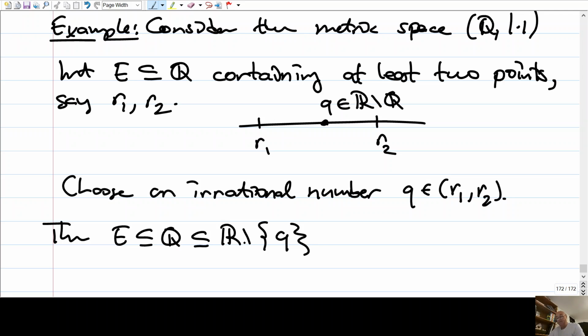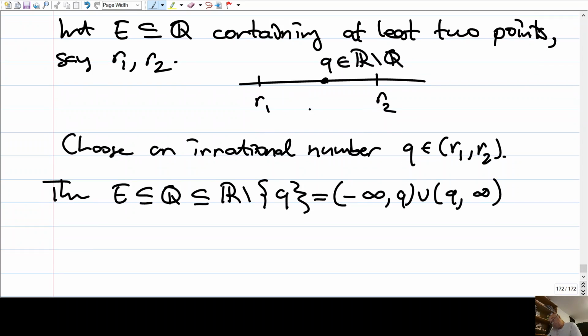Therefore, if I subtract q from R, it still contains Q, but this can be written as (minus infinity, q) union (q, plus infinity). And clearly r1 is in this set and r2 is in this set.